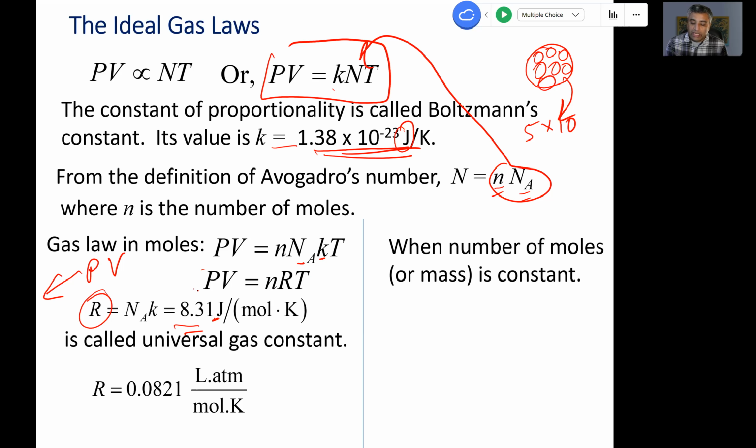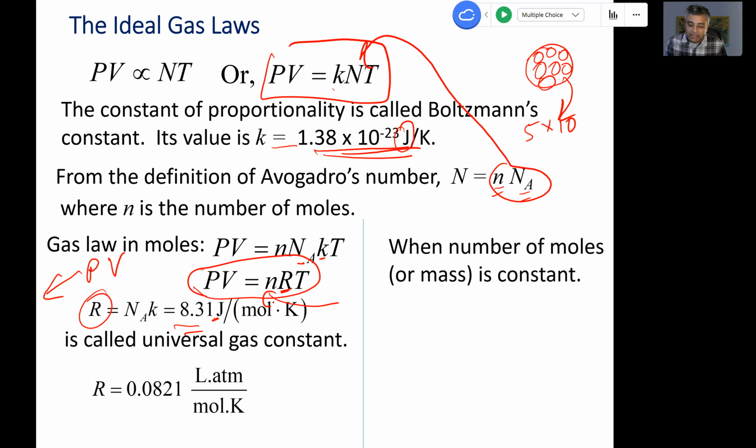Okay, so now we can write this slightly differently for different situations. We know R is constant, but in a situation when N is also constant, meaning number of moles or mass is constant. So for example, let's suppose you have a gas inside a balloon or container, right? If the gas is not getting out of the container or getting into the container, that means the number of molecules remains the same, mass remains the same.